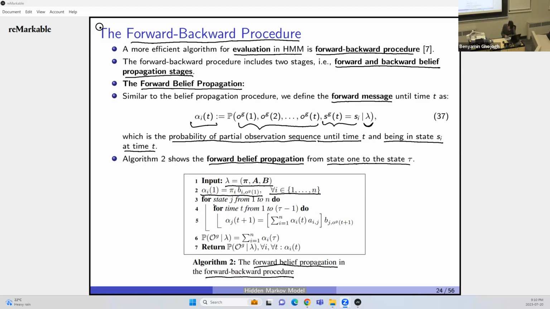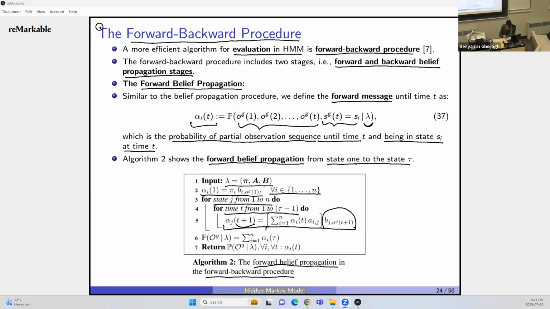Then for state j from 1 to n, so for all of the states, also for all of the time slots until tau minus 1, what do we have? This is what we use. What does it mean? This is the probability of emitting Ot plus 1 from the jth state at the time t plus 1.